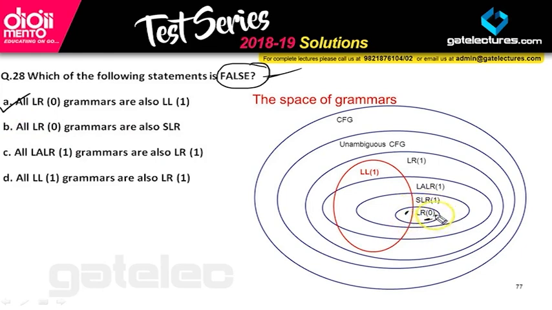Okay, clearly, because SLR is bigger than LR0. Next, LALR1 are also LR1. Yes, right. And D option says all LL1 are also LR1. If you can see, this LL1 is covered by our LR1 completely. So that's why all LL1 grammars are also parsed by the LR1. Okay, so we have to pick out the false. So A is the answer here.